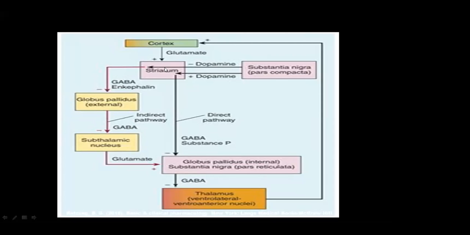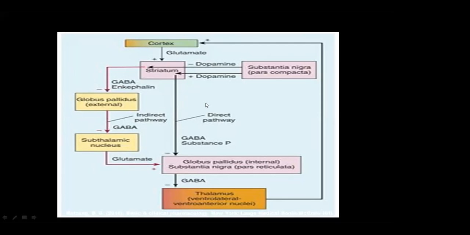And these different receptors give rise to the different pathways, the indirect and the direct pathway. We have two pathways that are well described in this normal circuitry of the basal ganglia.